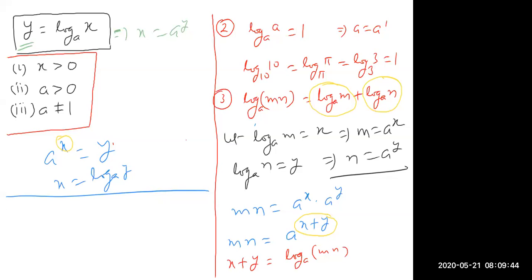See this index, the index comes in the front, like here, x is equal to log y to the base a. Base will remain base. So now put the value of x and y. We have assumed this as x, this as y. So we'll get log a m plus log a n is equal to log a mn. That is the proof.